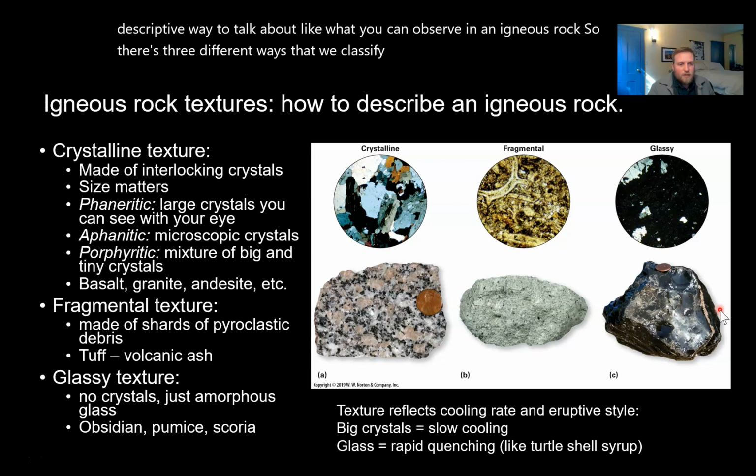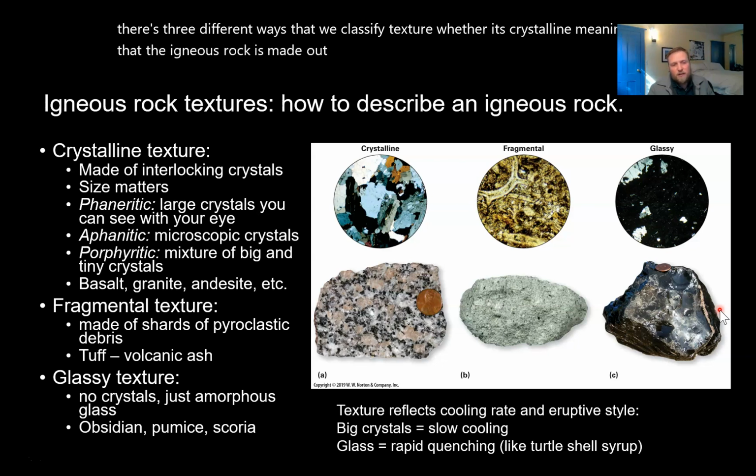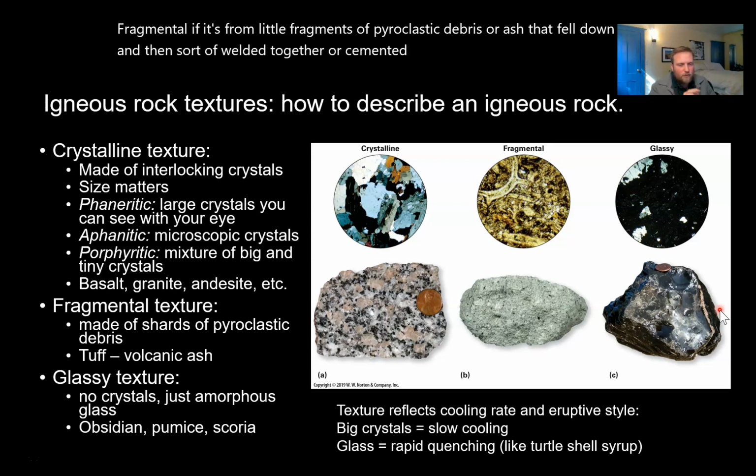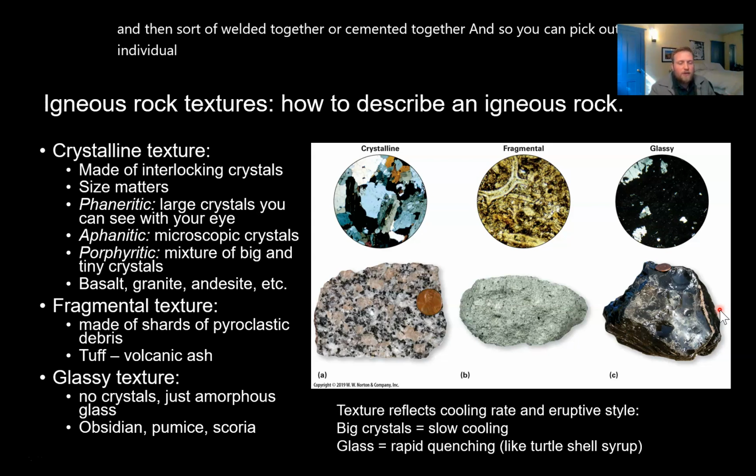Whether it's crystalline, meaning that the igneous rock is made out of interlocking crystals that cooled. Fragmental, if it's from little fragments of pyroclastic debris or ash that fell down and then sort of welded or cemented together. You can pick out individual fragments, but they're not crystals.